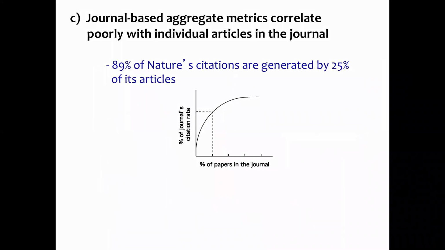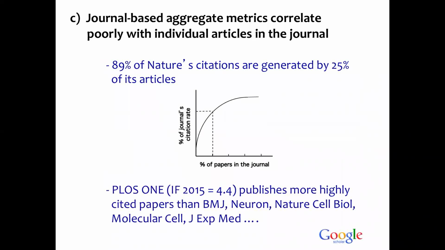So here's again some data. 89% of Nature citations are generated by only 25% of its articles. So that means that the other 75% are basically getting a free ride on the reputation of Nature because of those 25% that are highly cited, right? That doesn't say that they're good articles. It says that they're in a journal where there are some highly cited articles. And the converse is also true.